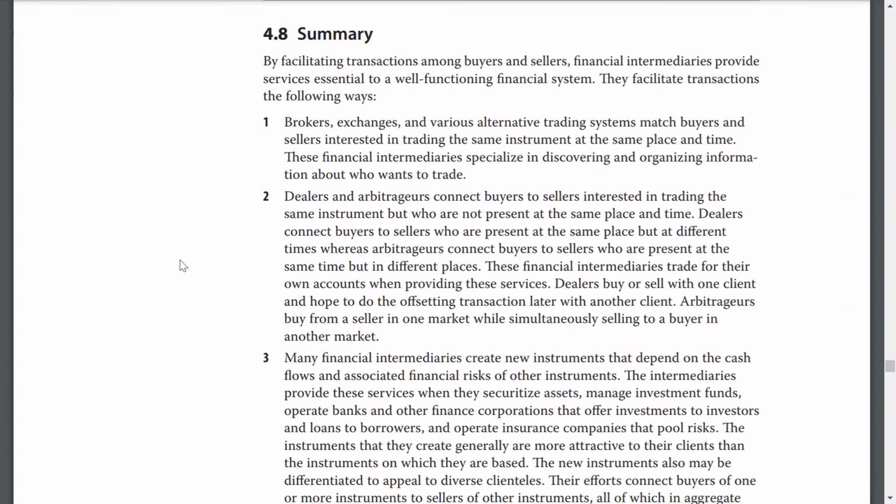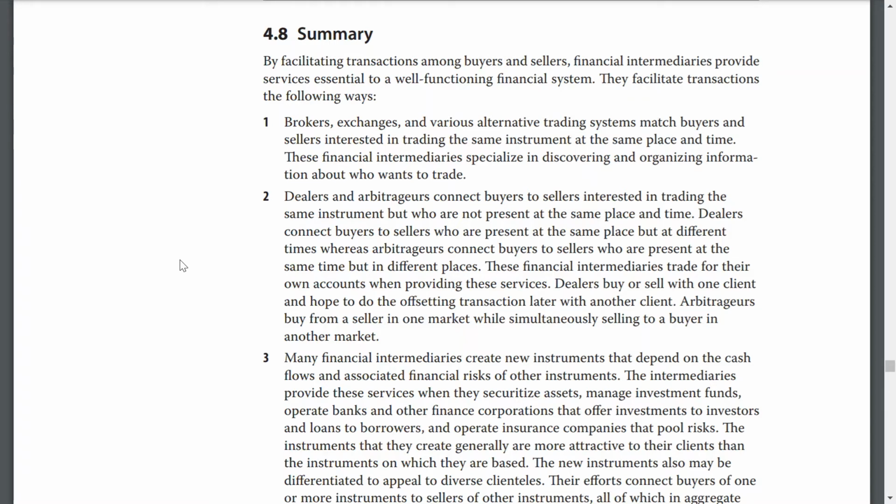Dealers and arbitrageurs connect buyers and sellers interested in trading the same instruments, but who are not present at the same place and time. Dealers connect buyers to sellers who are present at the same place but at different times, whereas arbitrageurs connect buyers to sellers who are present at the same time but in different places.